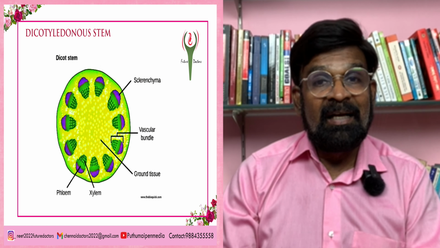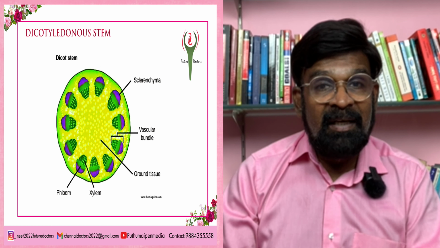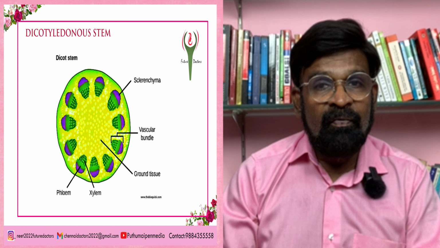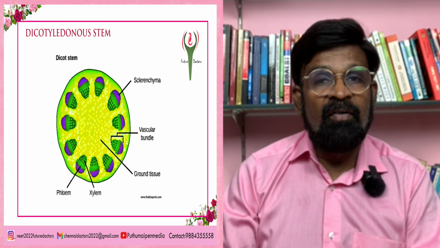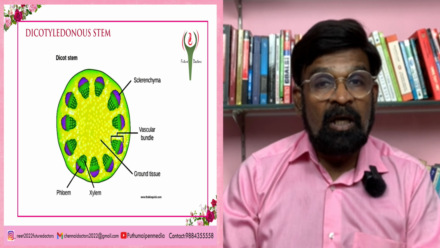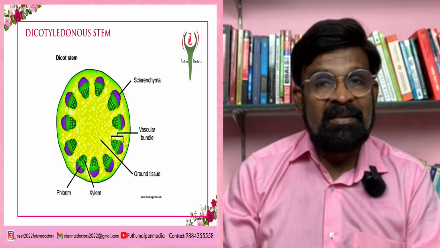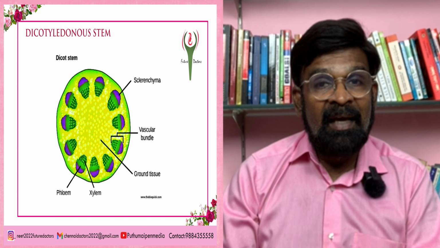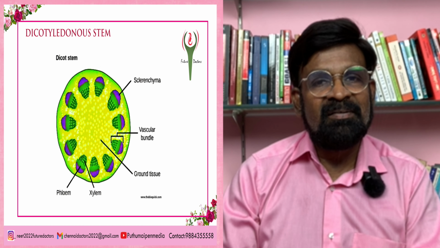Endodermis. It lies just beneath the general cortex in the form of a single layer of barrel-shaped cells surrounding the stele. In sunflower, it contains starch, hence is called starch sheath. Pericycle.